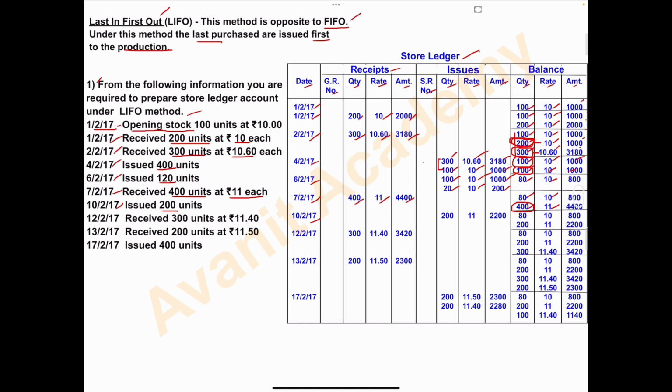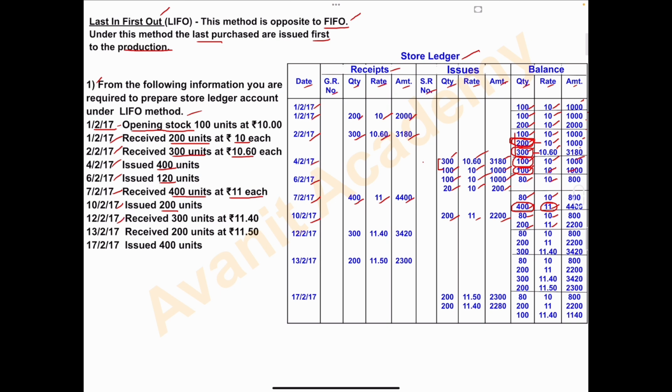So from this 400, issued 200, rate per unit is 11, amount is 2,200. Write the balance 80 units as it is 80, rate per unit 10, 800. From this 400, we have issued 200. So the remaining quantity is 200, rate per unit is 11, and the amount is 2,200.